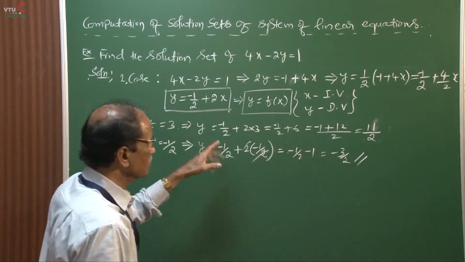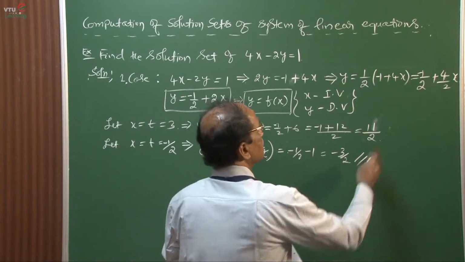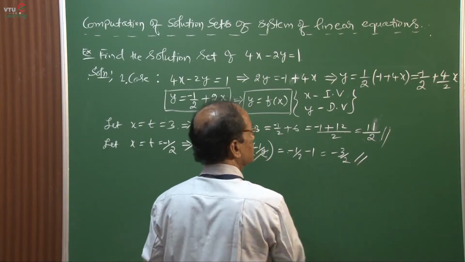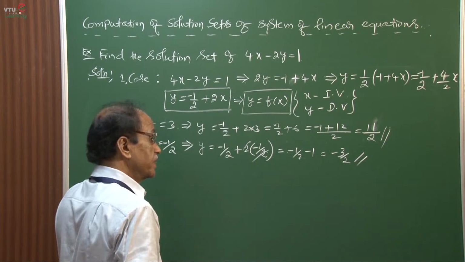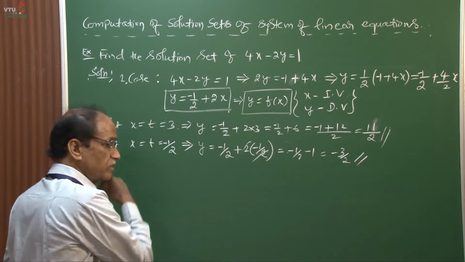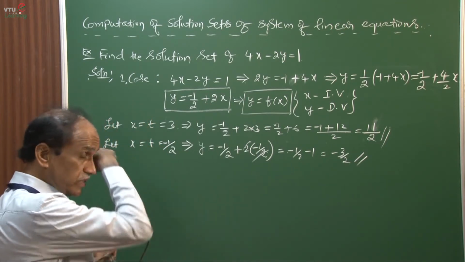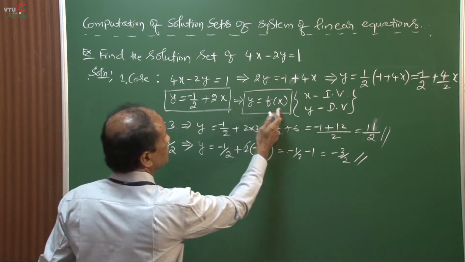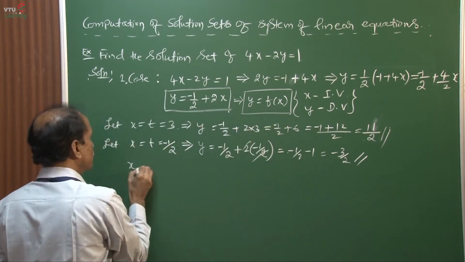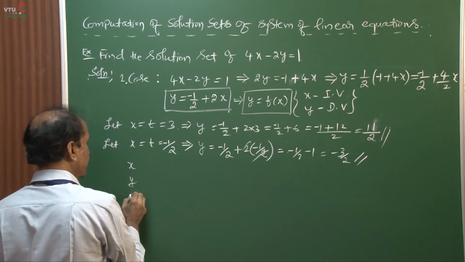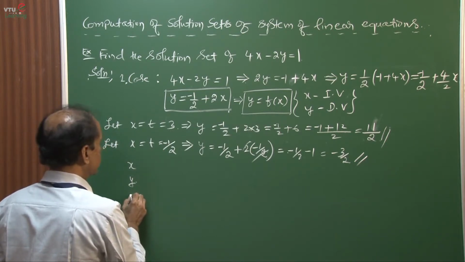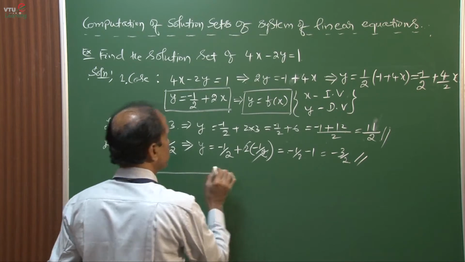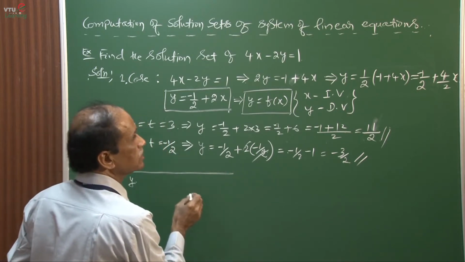Now for the first two numbers which I am getting, one is 11 by 2 and the other one is minus 3 by 2. So you can club the solution set in the form of a table like this, because your equation is y in terms of x, therefore x and y. What is that equation?